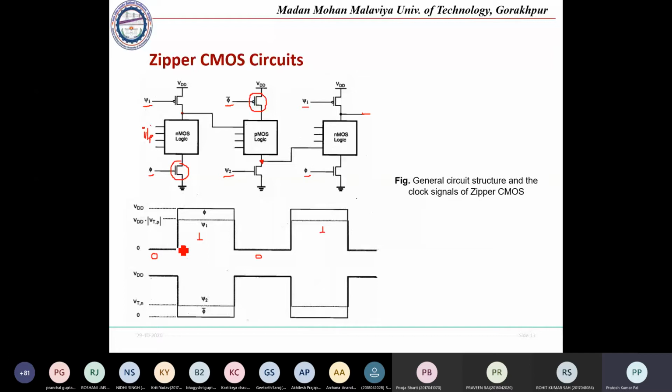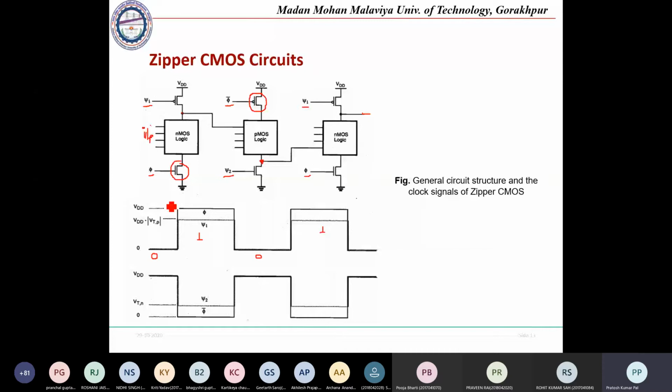Once this phi 1 is there, it will be going maximum to VDD minus VTP. So what is this all about? Here it will be conducting in the weak conduction region or near the cutoff region. So the output that we will be getting has less effect on the voltage that is going to change at the node voltages.